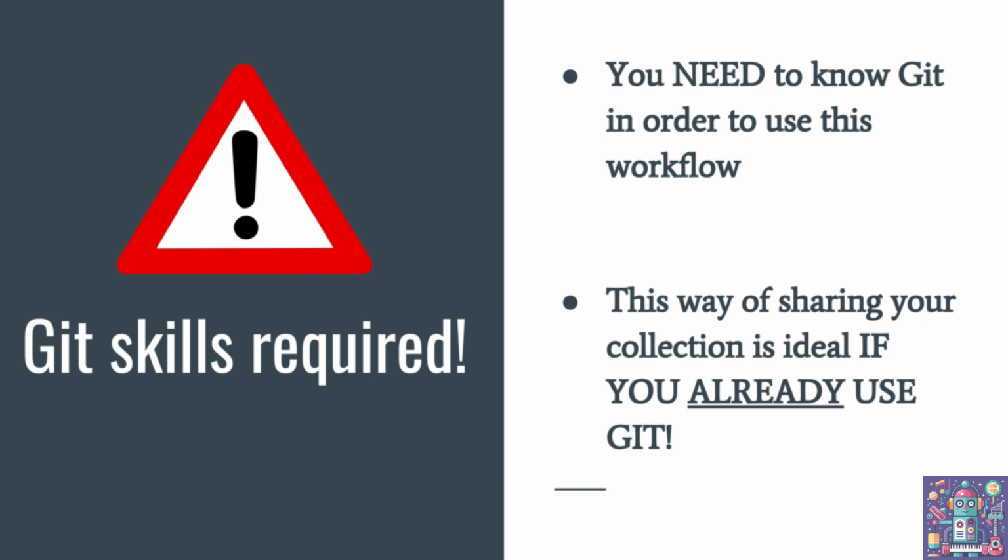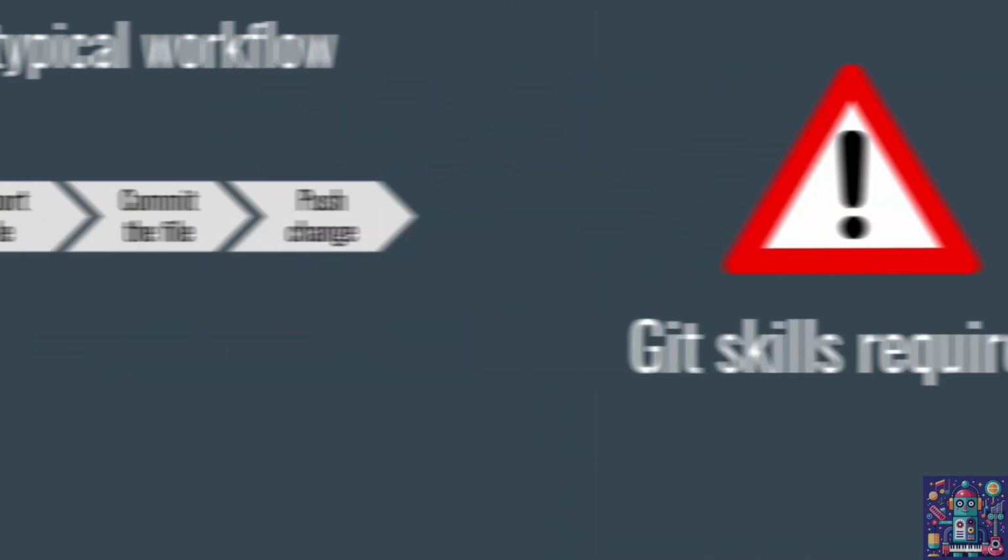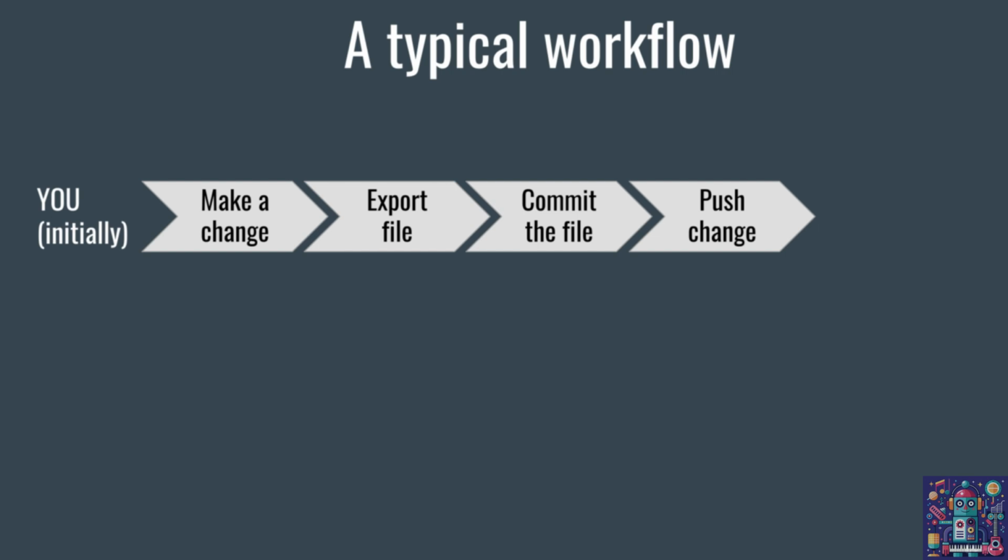Now, let's have a look at a typical workflow. You have a collection and you make a change in that collection, or you just want to share it. So what you will do is export it as a file and add it to a Git repository. You will commit it and push your change.